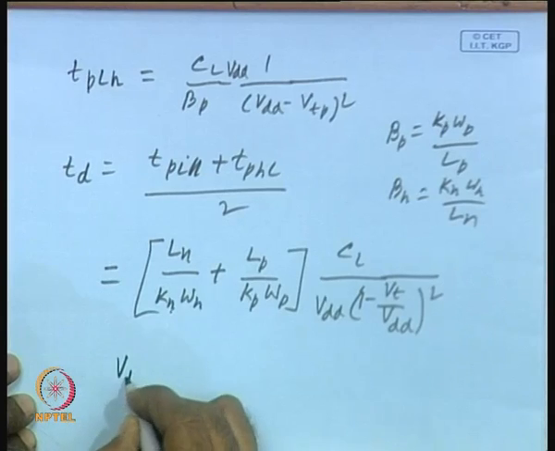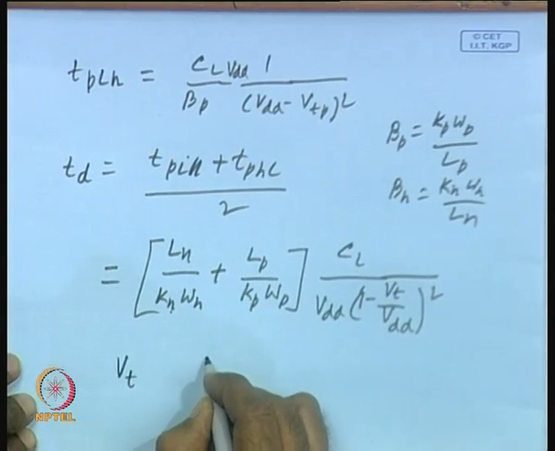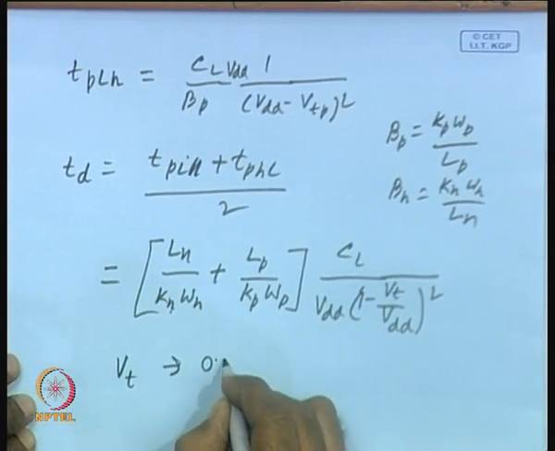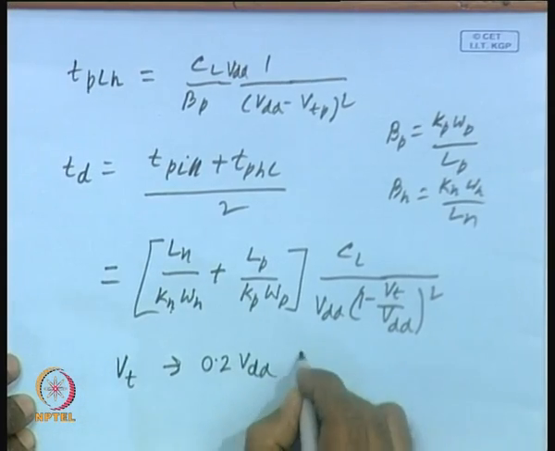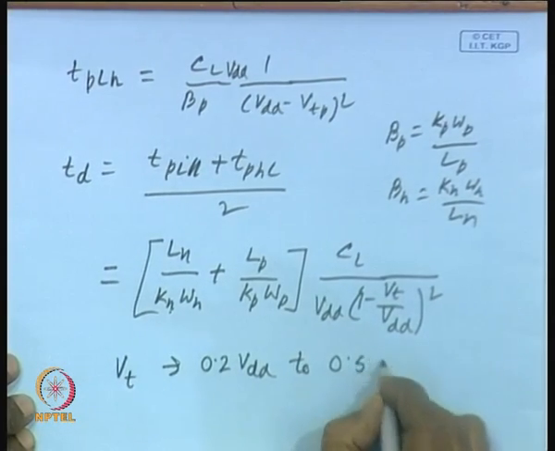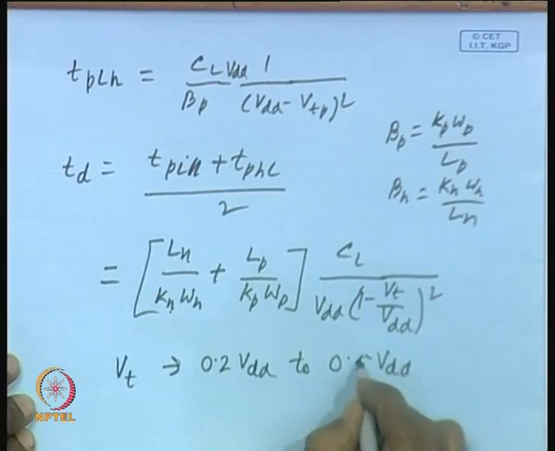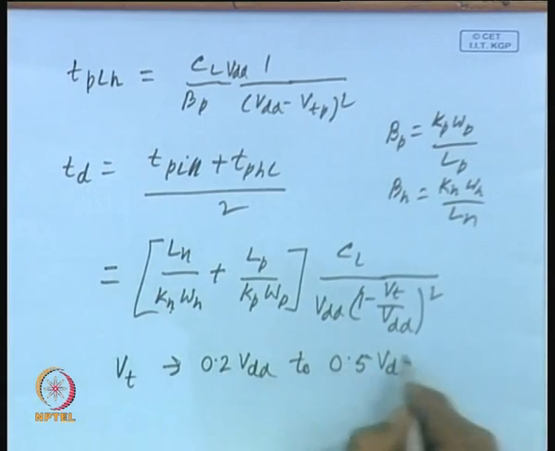So, that is the reason why we should not use a supply voltage close to the threshold voltage. Normally, the typical value of Vt is in the range of 0.2 Vdd to 0.5 Vdd. We can see this is the safe operating range.